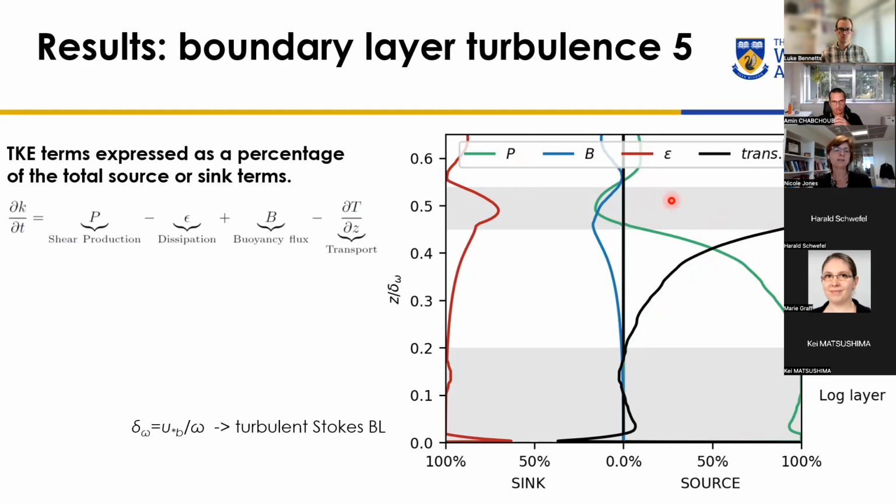The significance of this is that we don't account for this turbulent transport in any of our models that allow us to take field observations, so the types of balances that we use when we want to calculate a buoyancy flux or a dissipation value in the field.